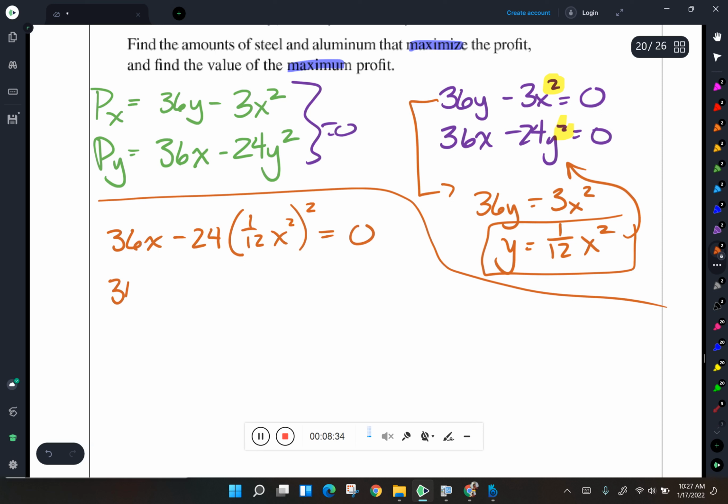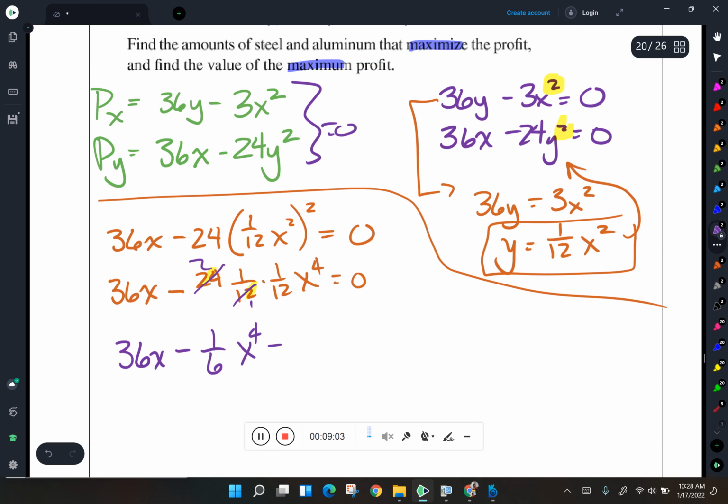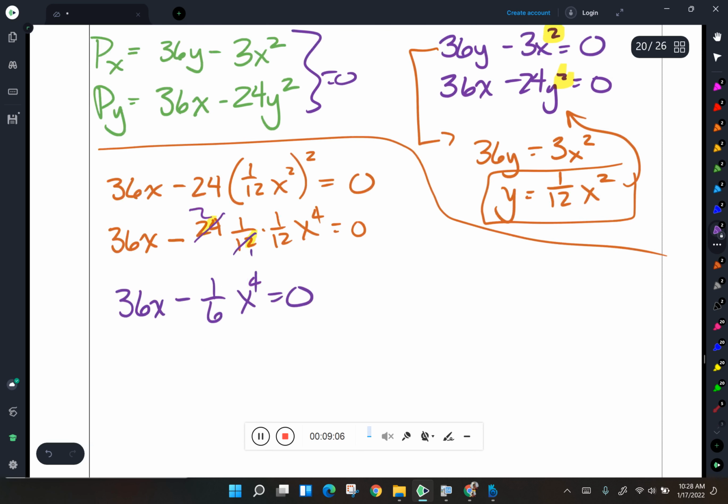That's going to give me 36x minus 24 times 1/12 times 1/12 times x to the 4th equals 0. If you're wondering why I wrote that out, so I could make that cancellation a little better. So that'll be a 2, that goes away, that's a 1, so now I've got 36x minus 1/6 x to the 4th is equal to 0.